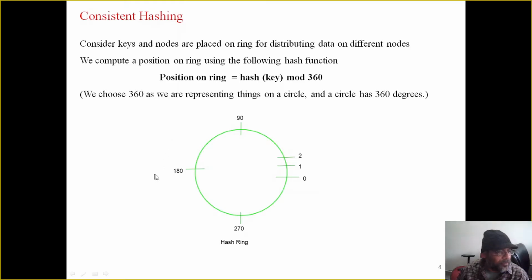So they can also be used for referring to the position on this ring. To make any position on the ring, this function is used: key mod 360. We choose 360 for representing things on the circle, as the circle has 360 degrees.